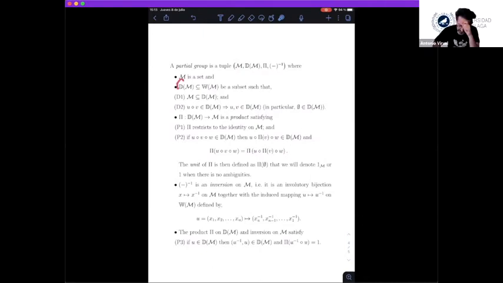Then this D is just the words you can multiply, right? In particular, the elements of the group can be multiplied, of course, and wherever you get a concatenation of two words in there, any of those have to be in D. In particular, the empty word has to be there, which is going to be the unit in the group.